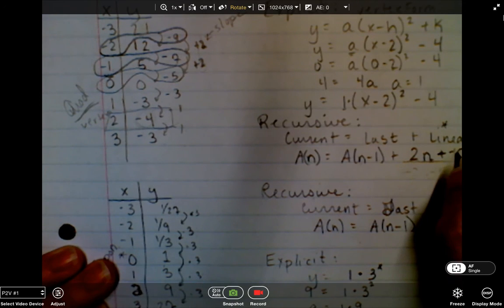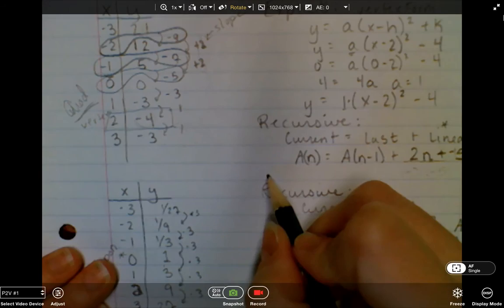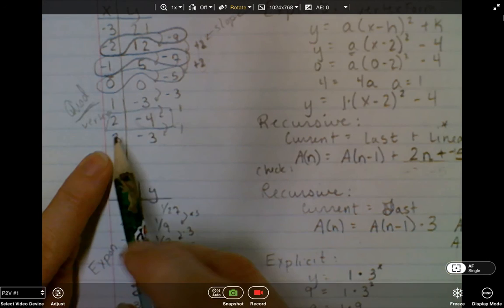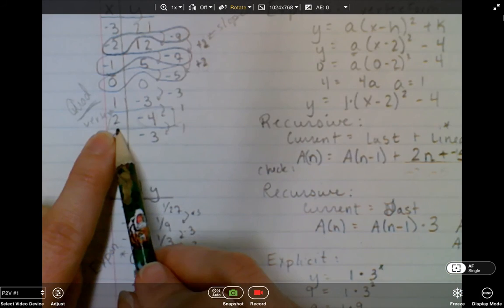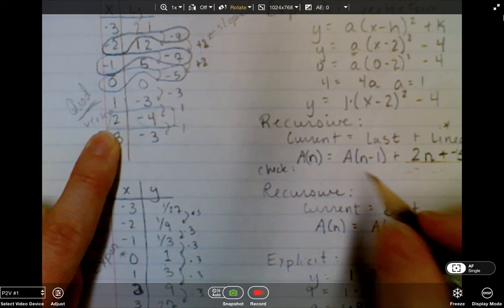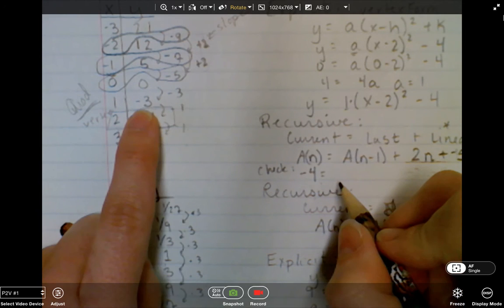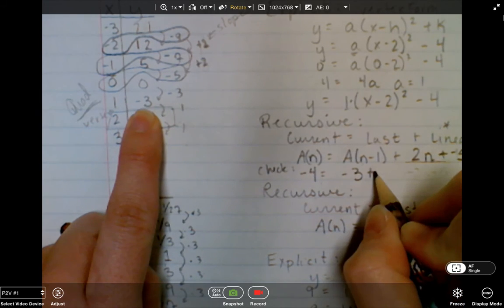And then I don't want to just hope that that's right. I want to check it. So let's check with 2, negative 4.